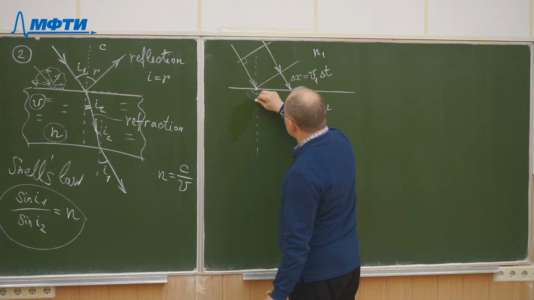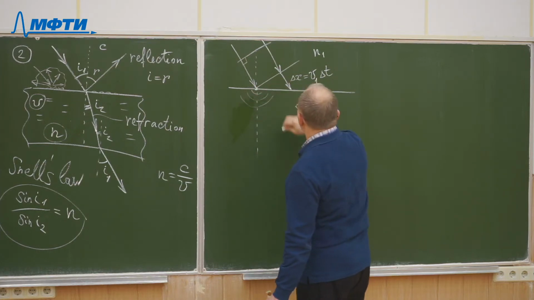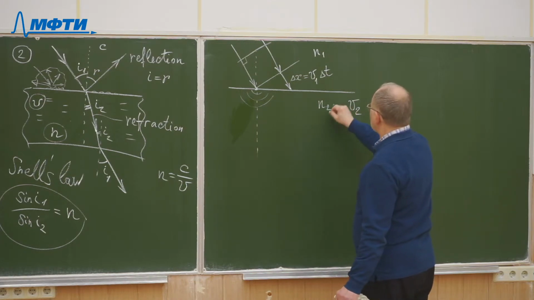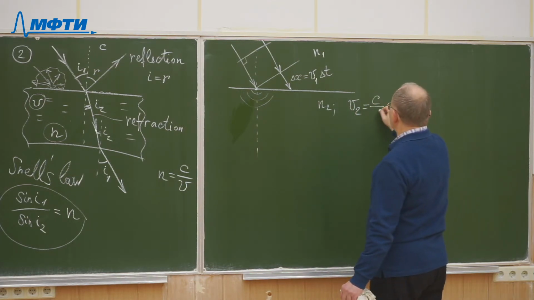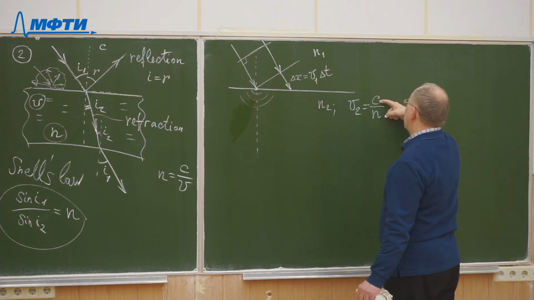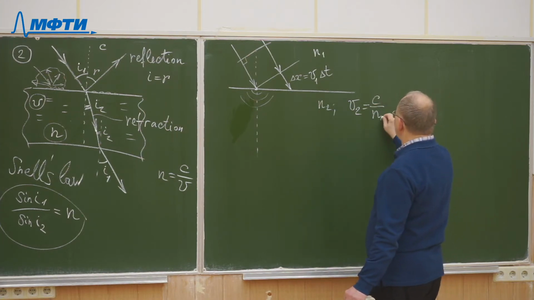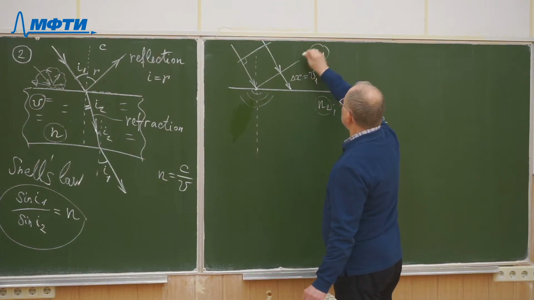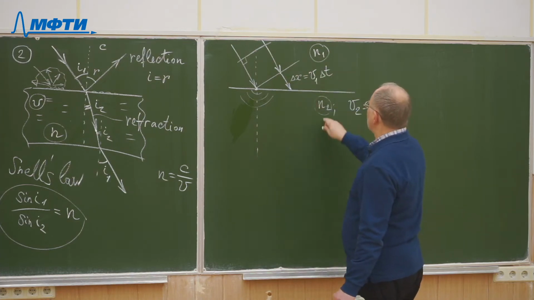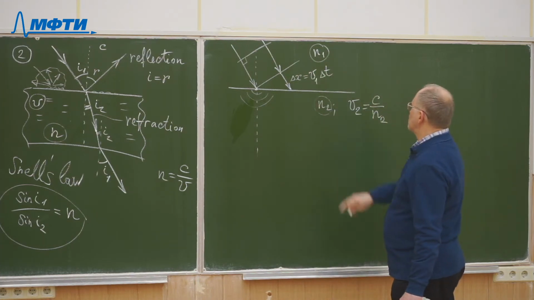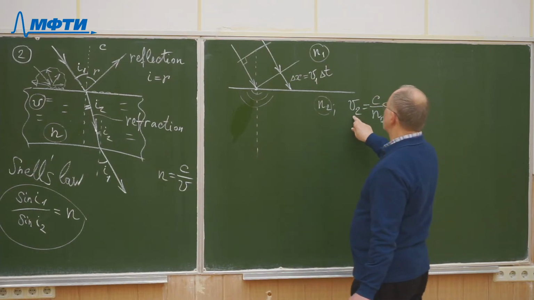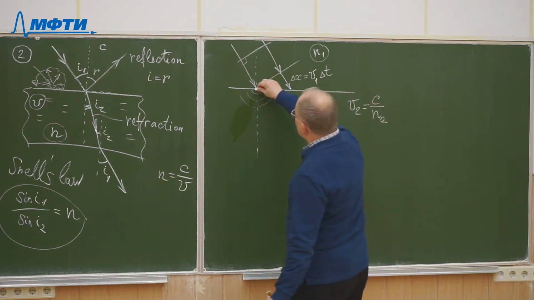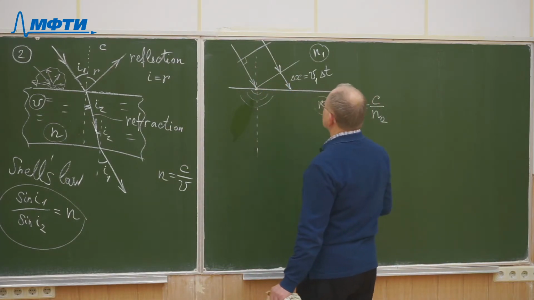It radiates secondary waves which propagate at some velocity v2 in this medium, which is, by definition, the velocity of light in vacuum divided by the refractive index of this medium. So we have the medium with refractive index n1 and the medium with refractive index n2. And the velocity of light here differs from the velocity of light in the upper part of this space. So here the light wave will propagate with different velocity.